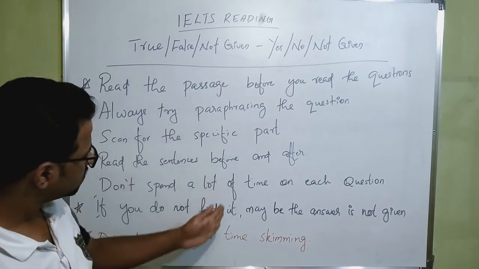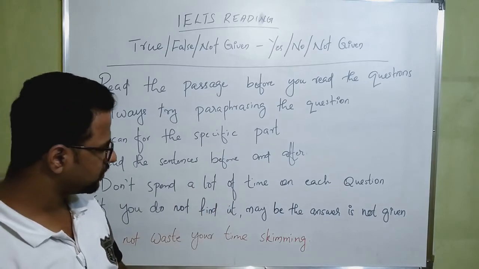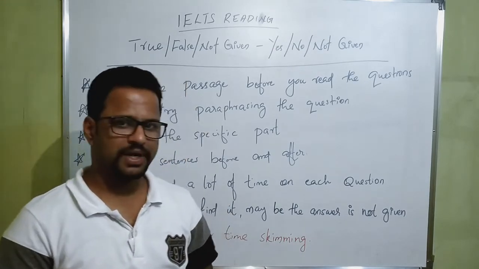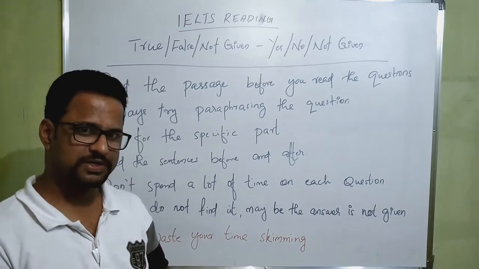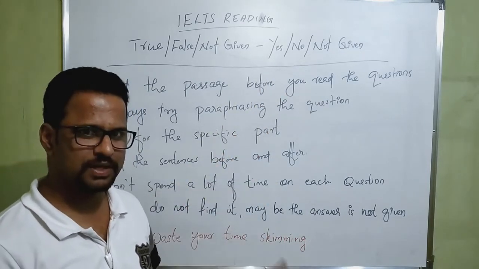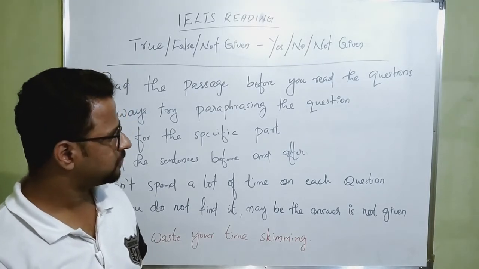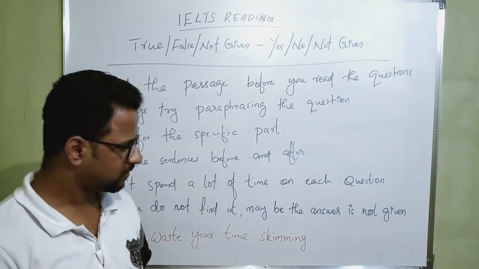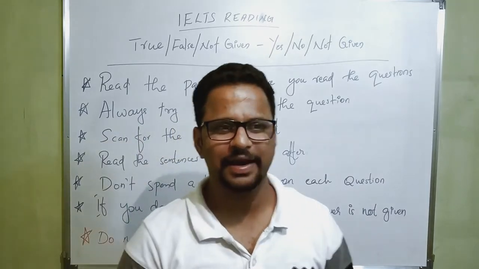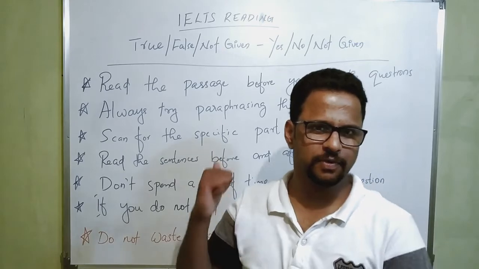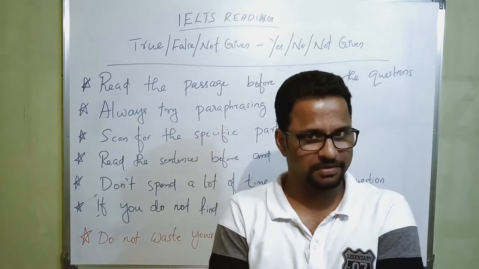Rather, you follow these things, and maybe you are a candidate who has been practicing for a long time, and your strategy is something else, just try these ones, and if it's helpful, it works, right? So for me, this is definitely helpful, and I hope that the video can really help you in finding answers for yes or no or true or false and not given.